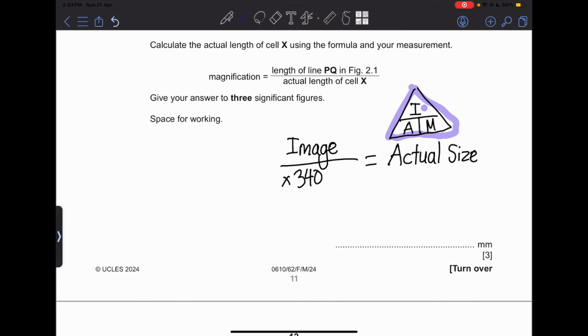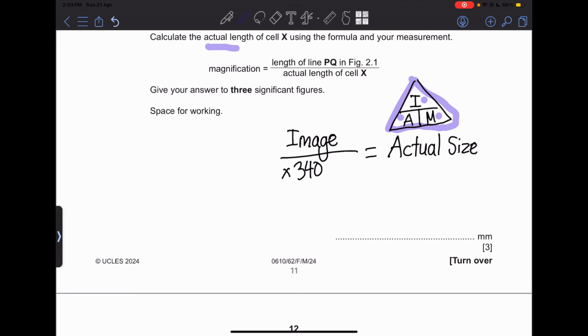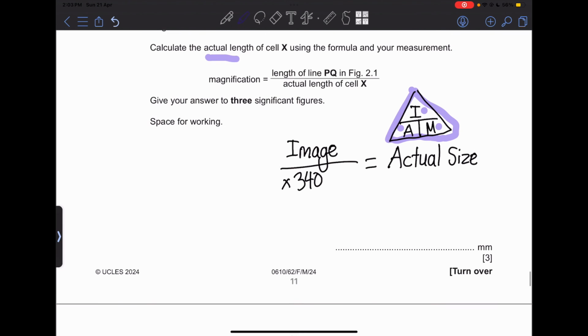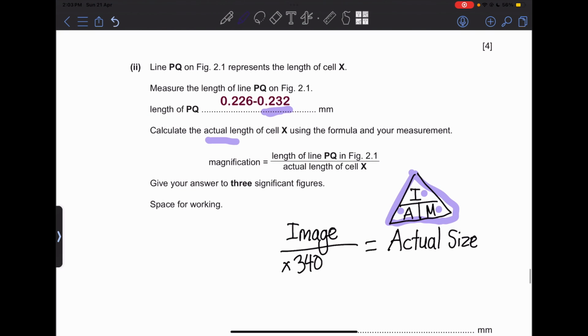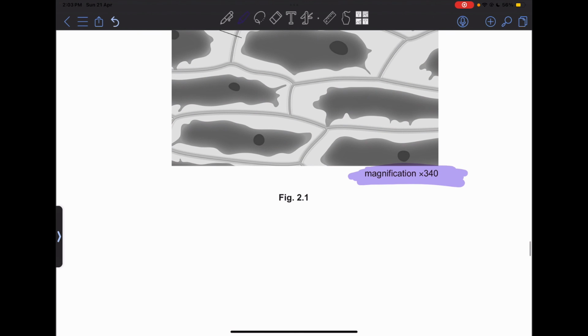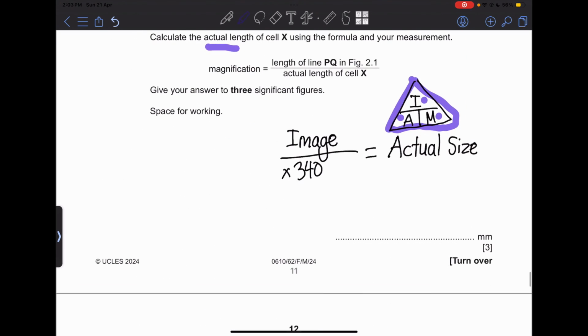The I stands for image size, the A is the actual size, and the M is the magnification. So in this question, we are required to get the actual length. So you're going to be doing the image over magnification. This is your image size, and the magnification is over 340. This is the magnification, and you're going to be getting your answer.